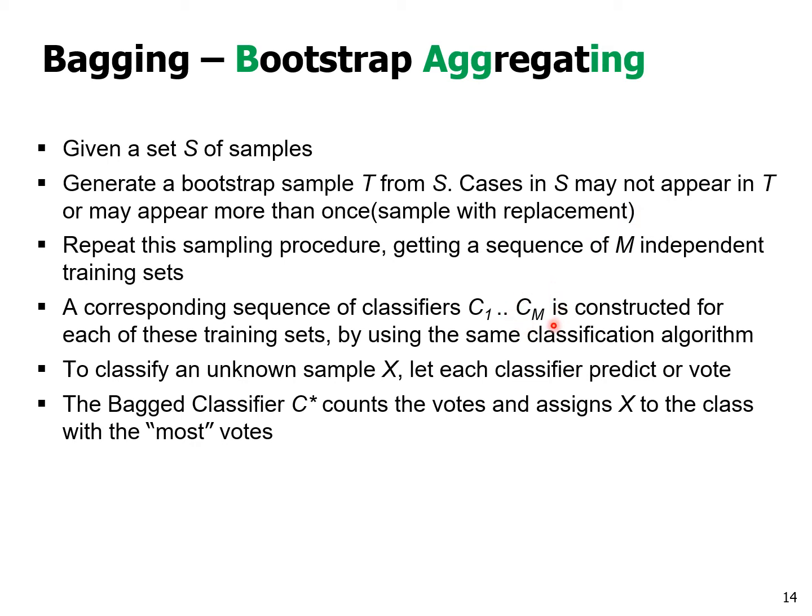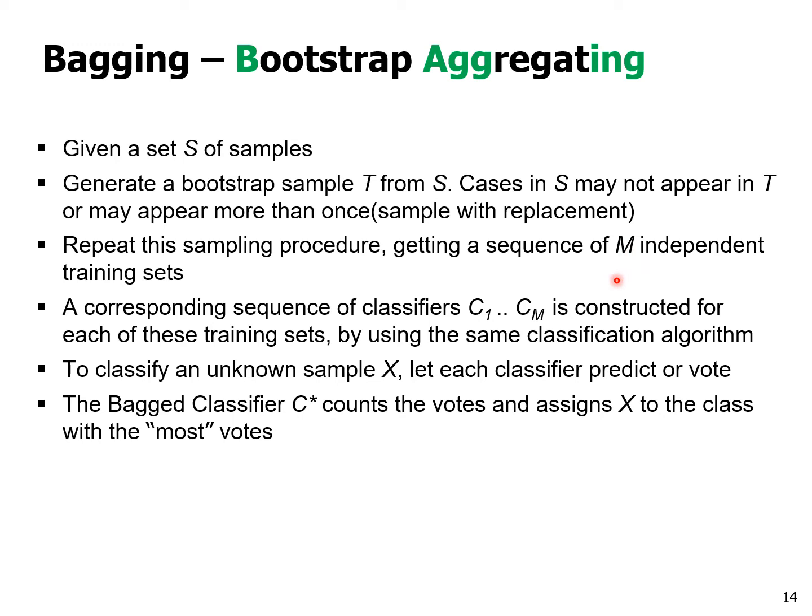When you build these classifiers, make sure you use the same classification algorithm. Suppose you use a decision tree, then you use the same decision tree algorithm to construct the classifier for each of these m training sets.